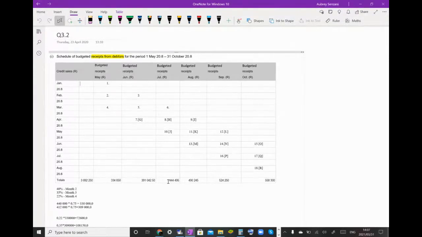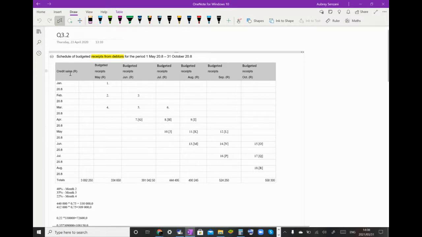In question 3.2, under the required, they say prepare the budgeted receipts for debtors. In accounting, you can also call this the Debtors Age Analysis. And then also prepare the scheduled budgeted payments to creditors for 1 May to 31 October.